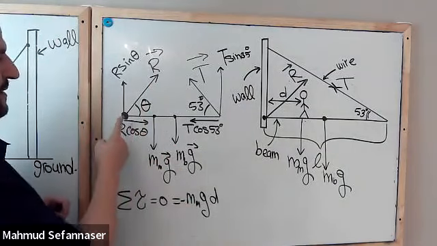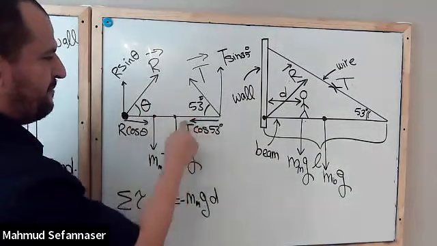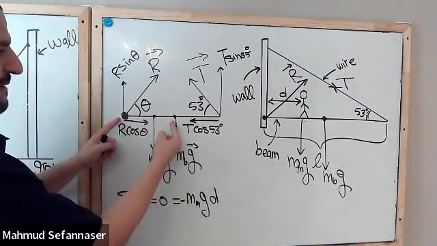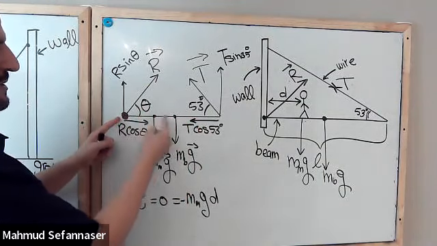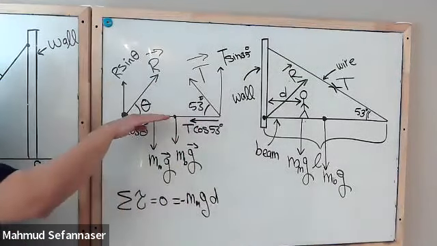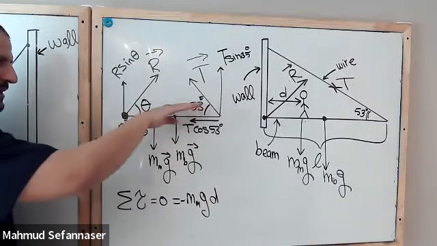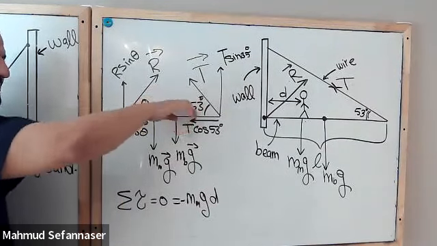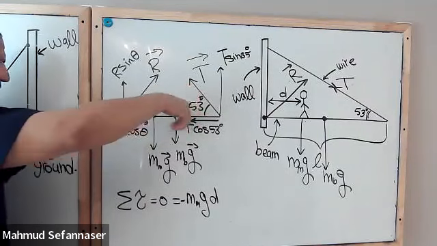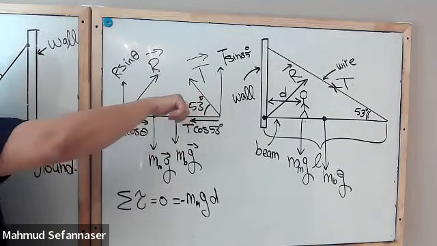The same thing here. The distance from this point to the weight of the beam is L/2. Here we have L/2, from this point to the center of mass of the beam. So to figure out the torque, we need to do L/2 in this direction cross the weight of the beam. So L/2 cross the weight of the beam will give me torque inside.